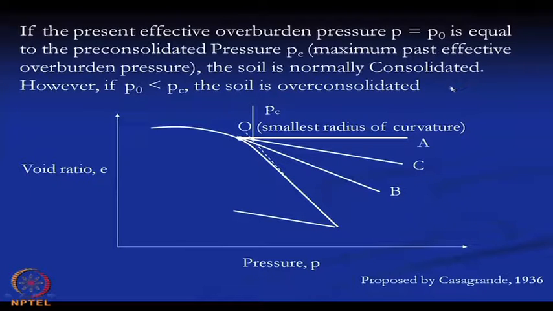If P0, the present effective overburden pressure, is less than Pc, the past effective overburden pressure, then that soil is called over consolidated soil. So, this way from this e versus log P curve also we can determine the Pc value.